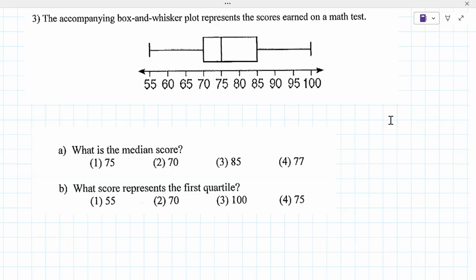For A it's 1, for B it's 2. Yeah, the median is one number though. 75? Yeah, that's the median right there. Oh, I see, you're giving me the answer to B. Now I understand what you're doing. So you were correct though.